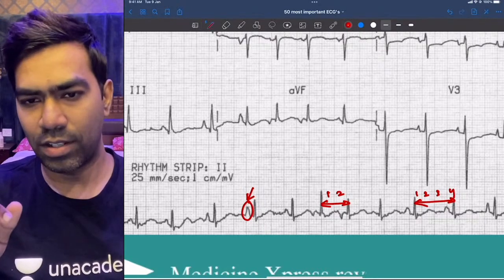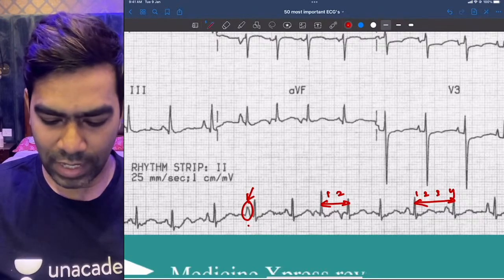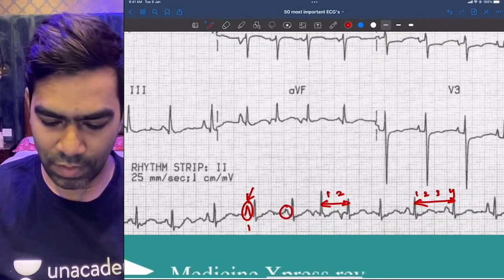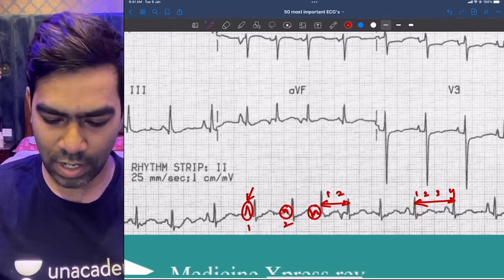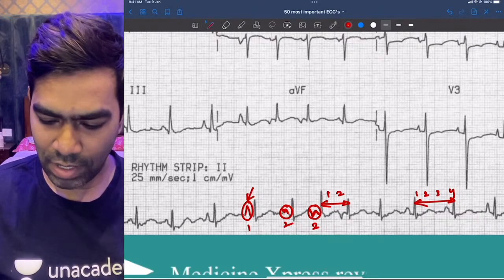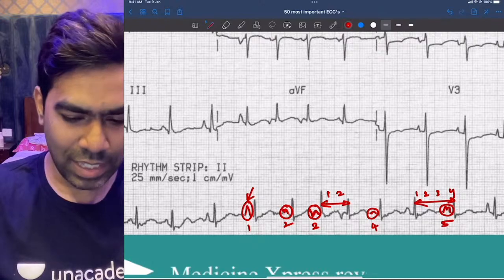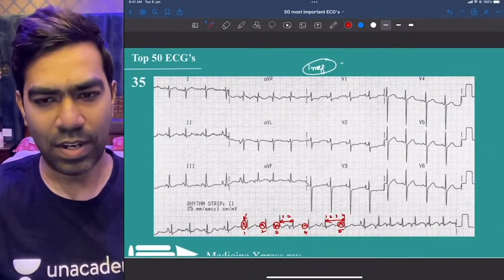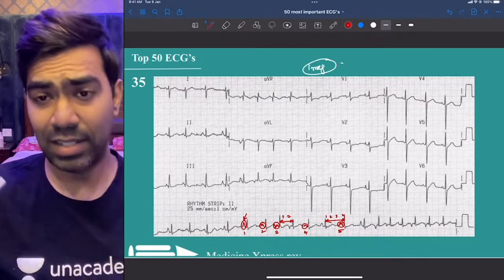To confirm MAT, you need to see at least 3 different P wave morphologies. If I take this as morphology number 1 of the P wave, this is definitely a different morphology, number 2, and this is number 3, and this is number 4, a bifid morphology, and this is number 5. So in this EKG I have at least 3 different P wave morphologies, which is very much in favor of multifocal atrial tachycardia.